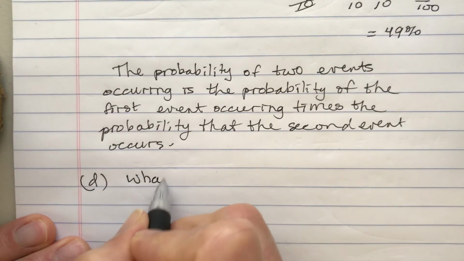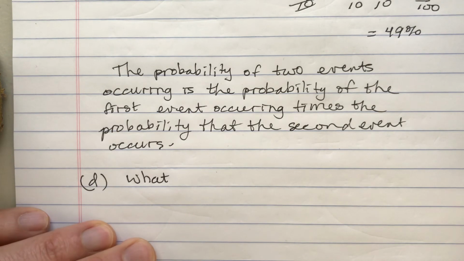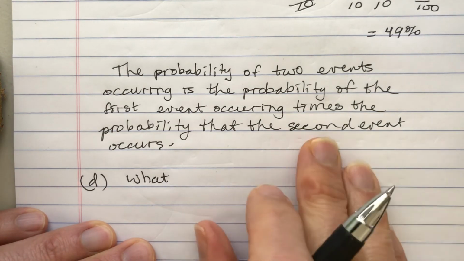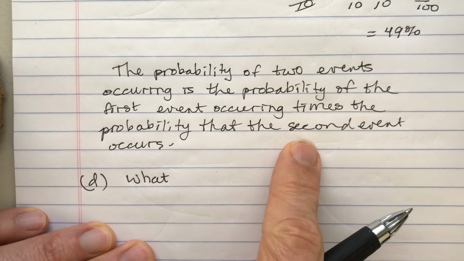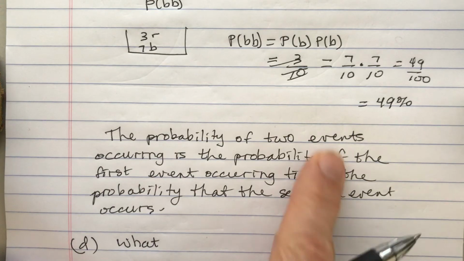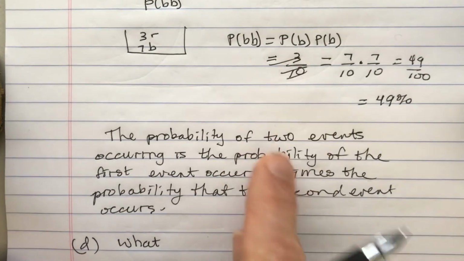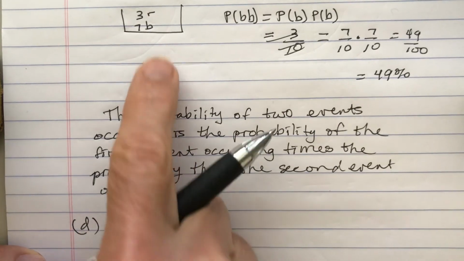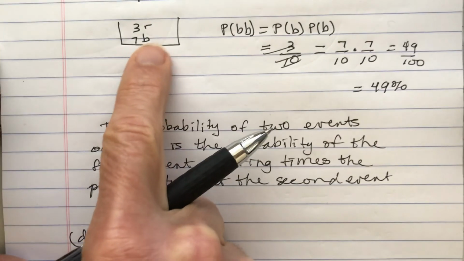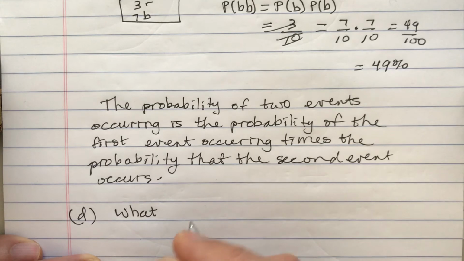So whenever you have 2 events, you look at the probability of the first and then multiply the probability of the second. Now, in many cases, the outcome of the second event depends on what happened on the first event. In this case, it doesn't make any difference what happened in the first event, because this is with the replacement. We put the marble back in.